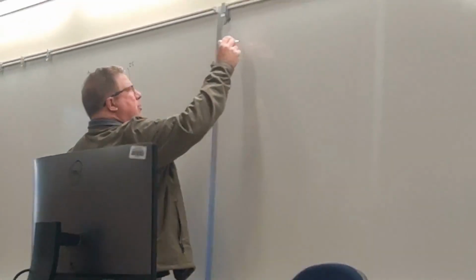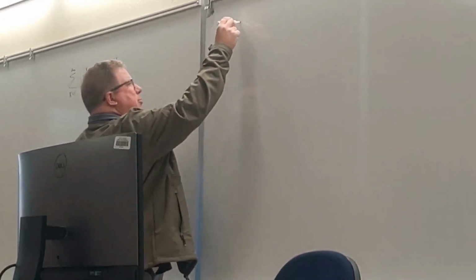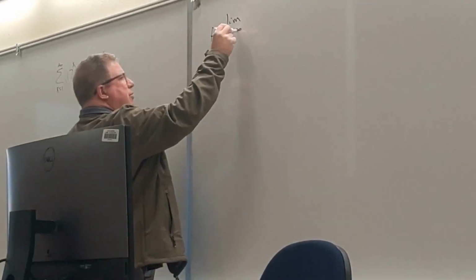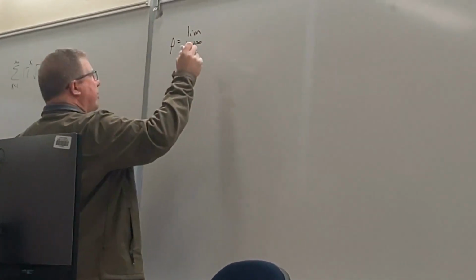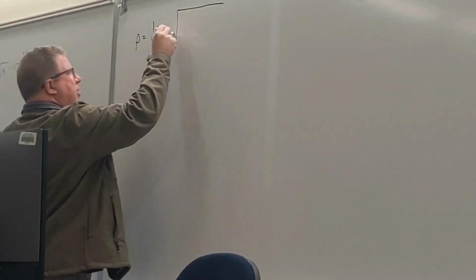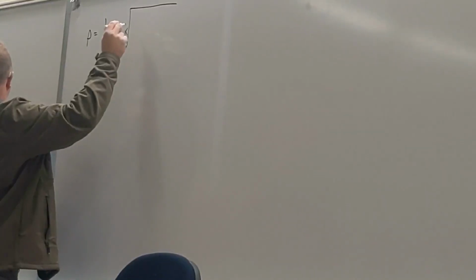So we're going to do rho equals the limit as k goes to infinity of the kth root of, can I just leave off absolute value? It's always going to be positive, right?